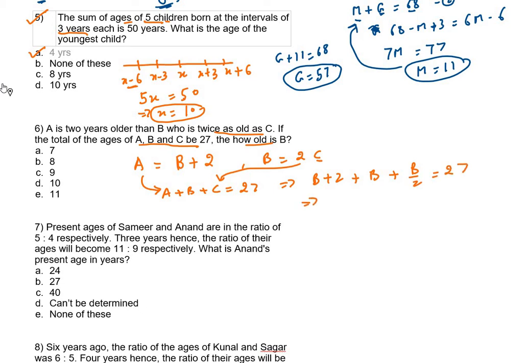So B plus B is 2B, and if we take this 2 to the other side, you have to be very quick in such calculations. 4B plus B by 2 equal to 27 minus 2, which is 25, right? So this comes out to be 5B by 2 equal to 25. It gets cancelled, so B is 10. B equal to 10 from here, and we have to find B. So we are done with the 6th problem.